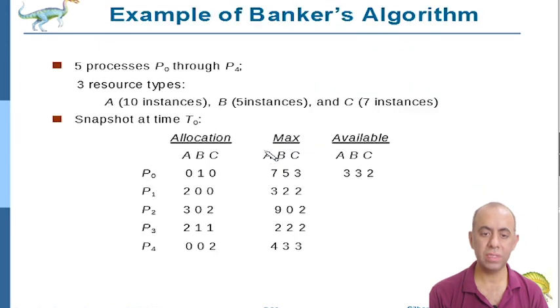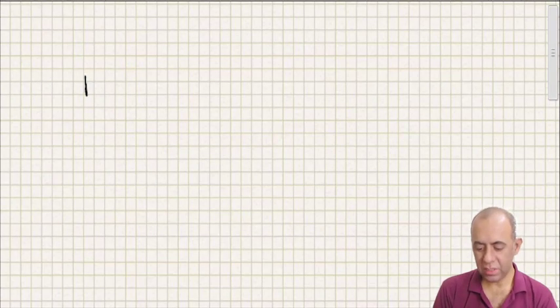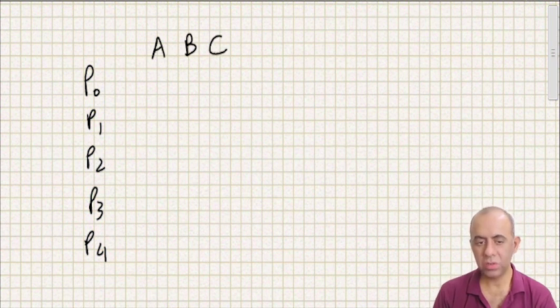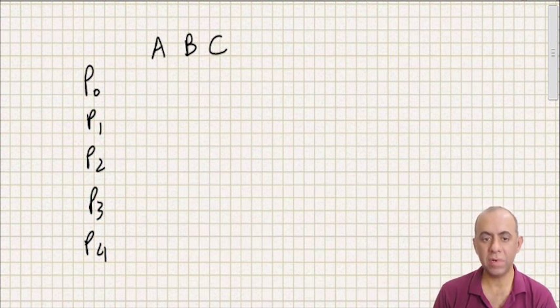This is a numerical example, so let's see how it is solved. For example, we have a number of processes: P0, P1, P2, P3 and P4. We have a number of resources: A, B and C. Each resource can have multiple instances.